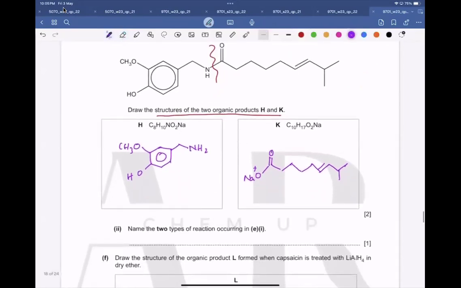Okay. Now they are asking, name the two types of reaction occurring in E1. The first reaction is hydrolysis. What is the second reaction? Can anyone tell me?